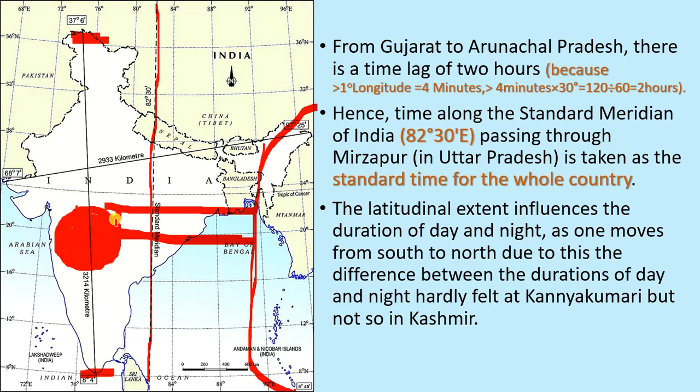One more fact: during the whole year, days and nights change more at places away from the equator, and near the equator that difference will not change as much.